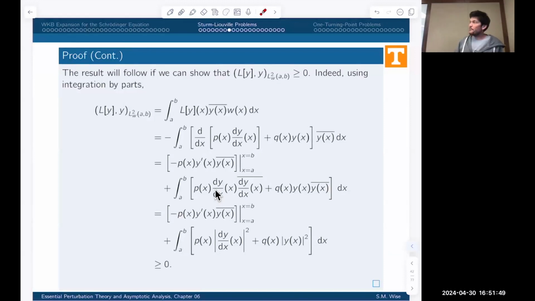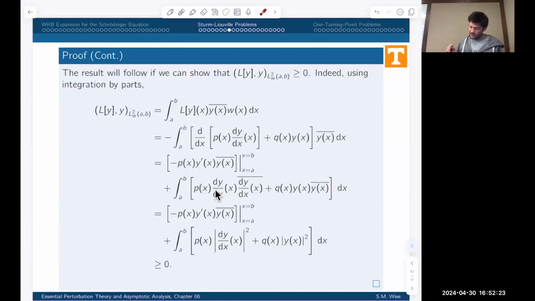So let's just play around with this. Take the operator acting on y. That's just exactly equal to this: Ly integrated against y complex conjugate, integrated against the weight function w. When I introduce what this is by its definition, it has a 1 over w. That cancels with w. Now I can integrate by parts.